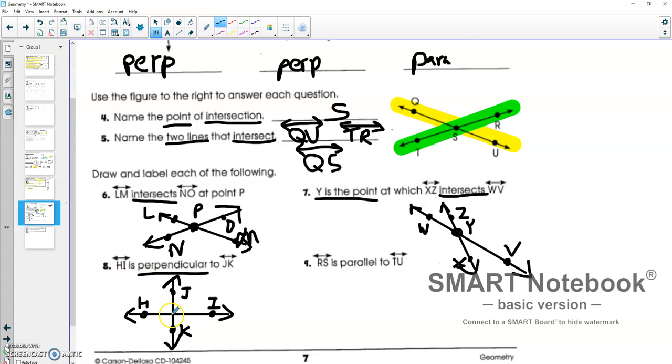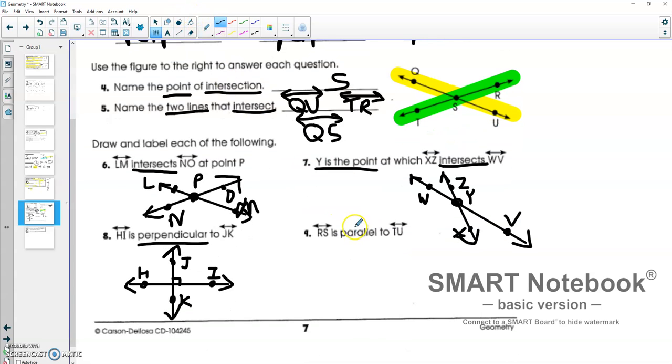It doesn't tell me what the middle is, the point of intersection. It just tells me that HI is perpendicular to JK. Now this looks good, but I'm not done yet. Remember, it's perpendicular, so I have to make sure everyone knows. So I have to put the little square here to show that it's a right angle.